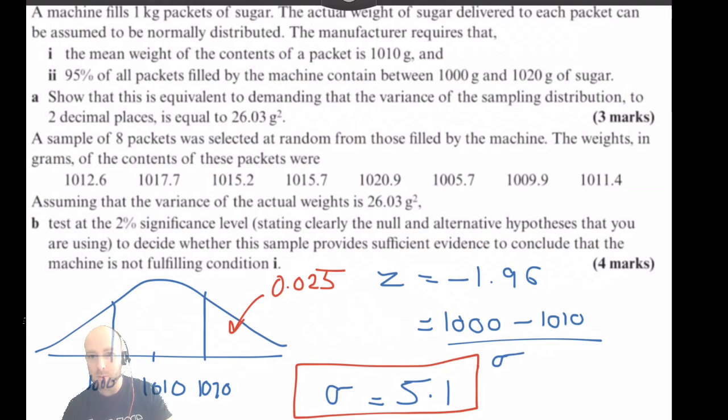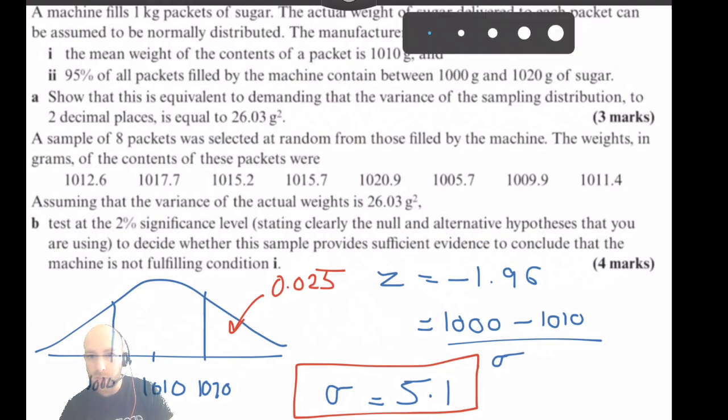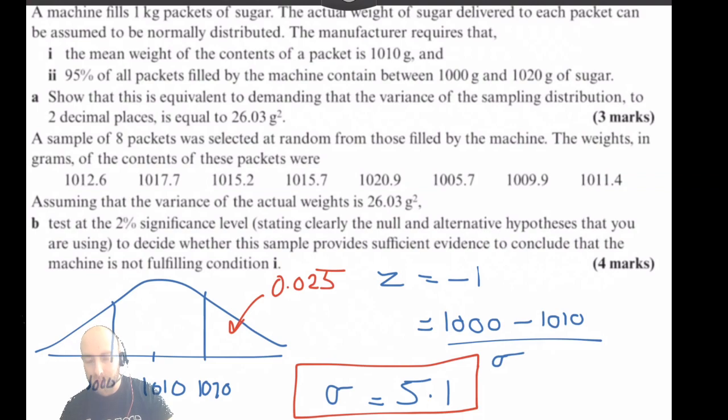So Z was 1.959964, which is as much as the calculator gives me. So we'll divide 10 by 1.959964. We get 5.102, square that.